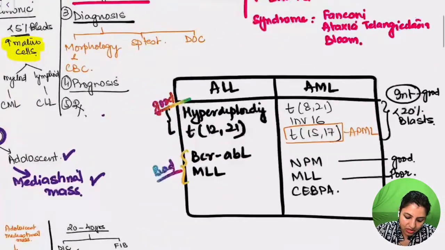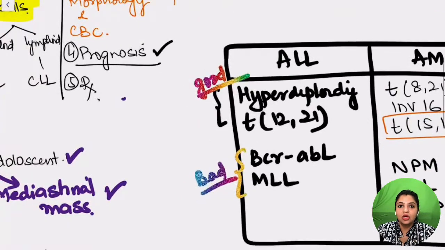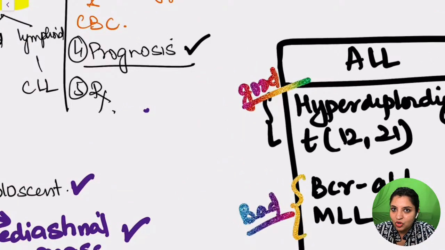Everybody clear? Now coming to the prognosis, I always told you the mutation is a prognostic factor which you can write. Also, in cases of ALL, ALL blasts always have a tendency to involve two organs, testis and CNS. Whenever CNS and testis are involved, these ALL patients will have poor prognosis.